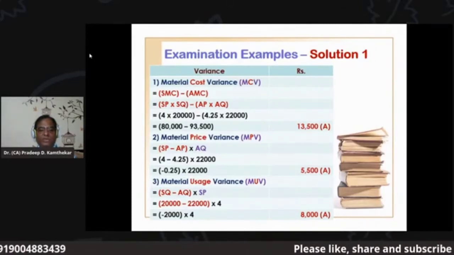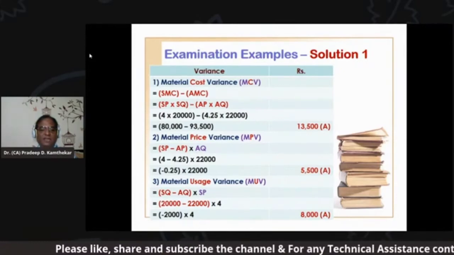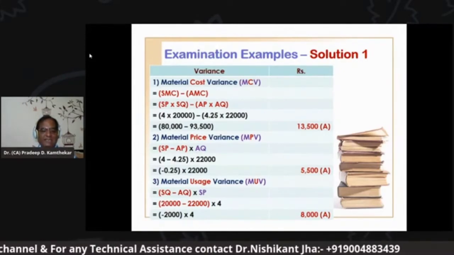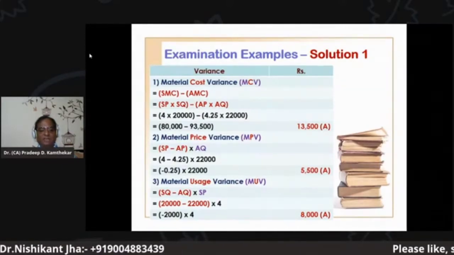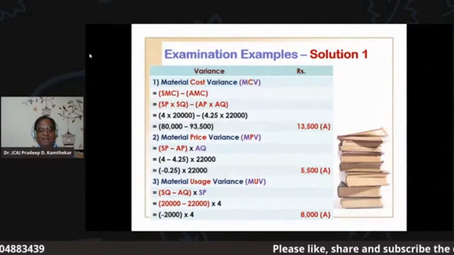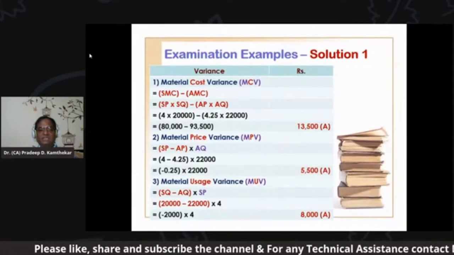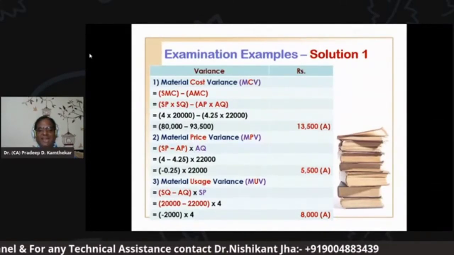Actual price 4.25 into actual quantity 22,000, that comes to 93,500. Now friends, here you can see the standard material cost is less and the actual material cost is more. So the answer is negative. And whenever the answer is negative, it is an adverse variance. So the difference 13,500 A means material cost variance is 13,500 adverse.